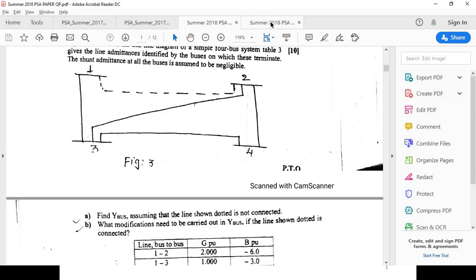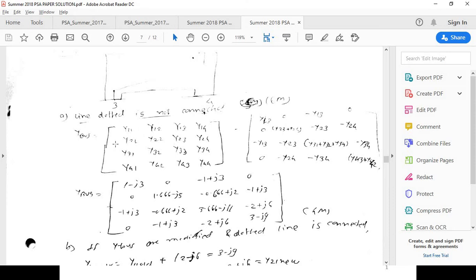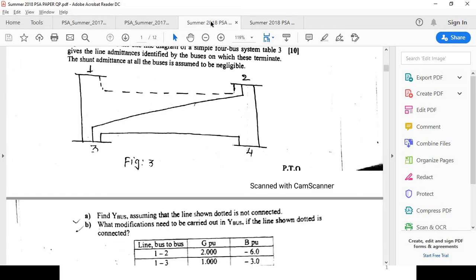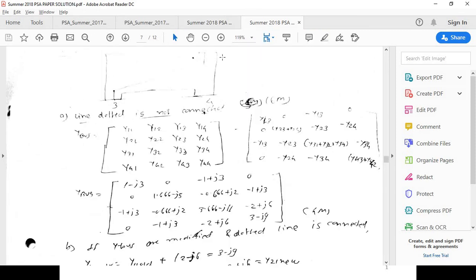So we'll write the generalized Y bus matrix. Y bus is equal to Y11, Y12, Y13, Y14, similarly up to Y44. That is, the generalized size of the matrix is 4 by 4. Now we'll try to calculate the diagonal and off diagonal elements. First of all, what is meant by the diagonal element and off diagonal element of the Y bus matrix?